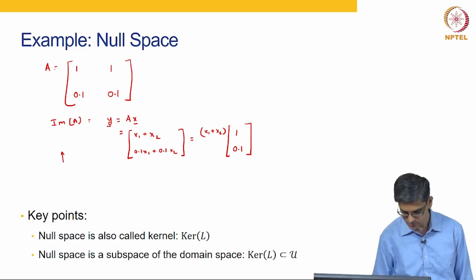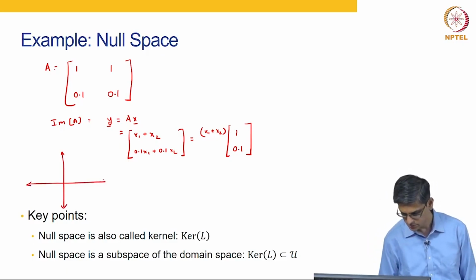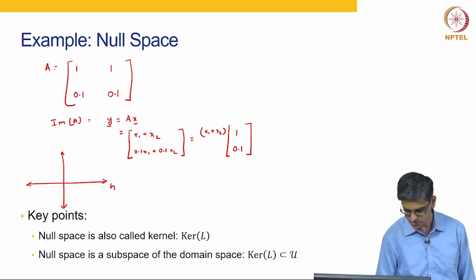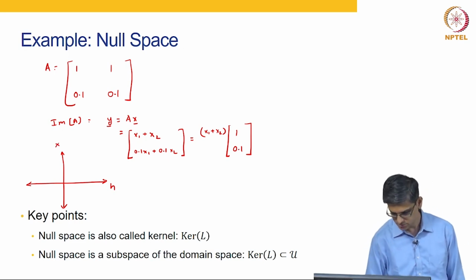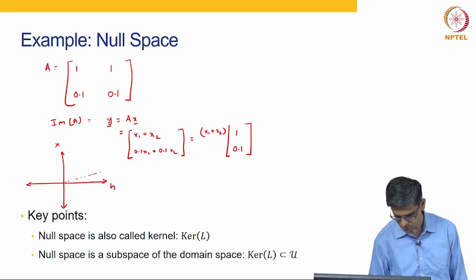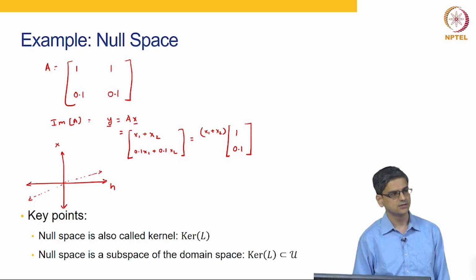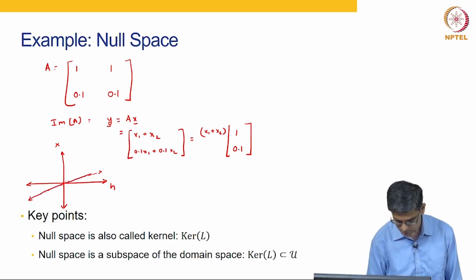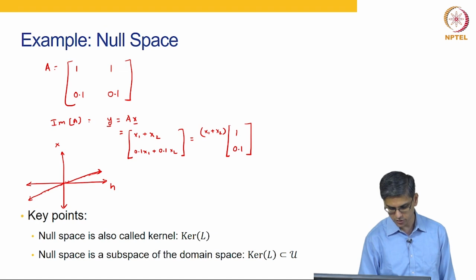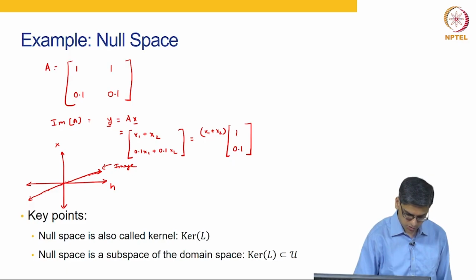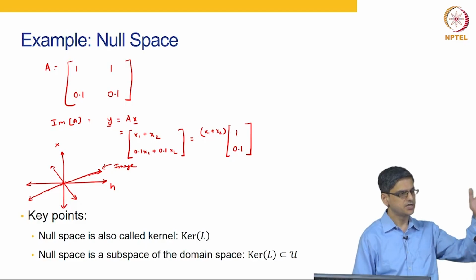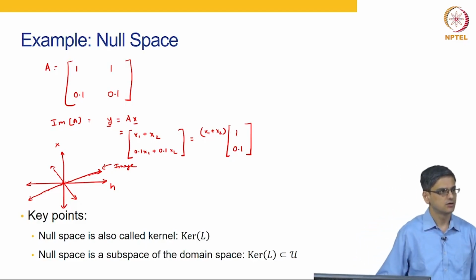Which means, in the X space, this line is going to be your image space. So, it is not possible for you to go anywhere in the direction perpendicular to that line by changing flow rates F1 and F2.